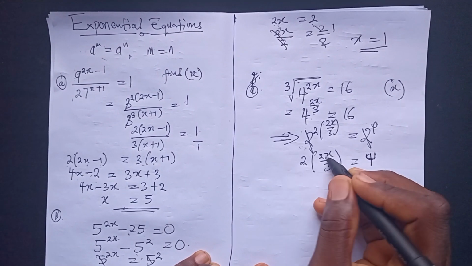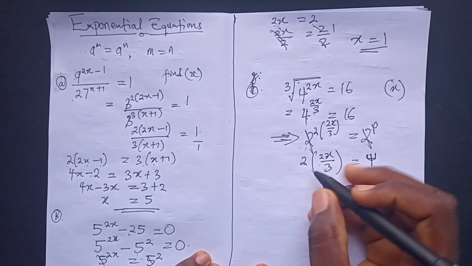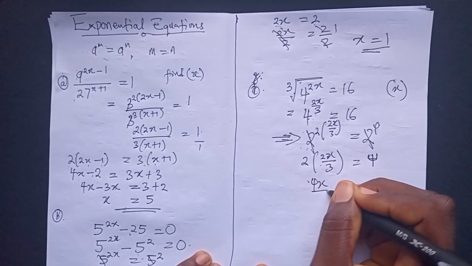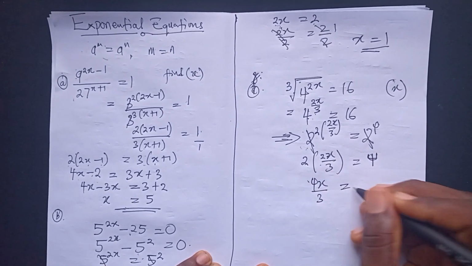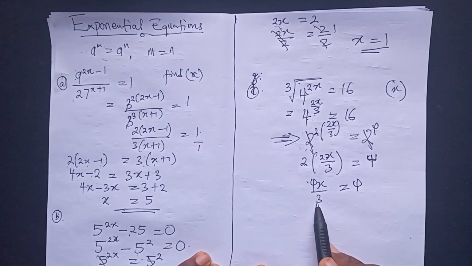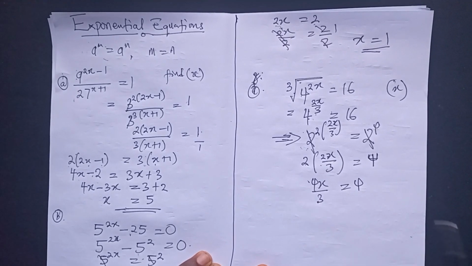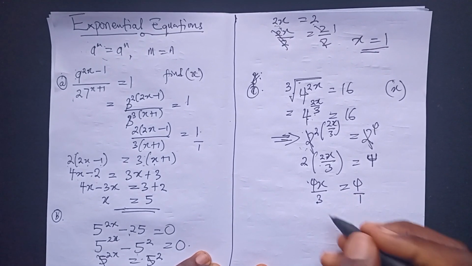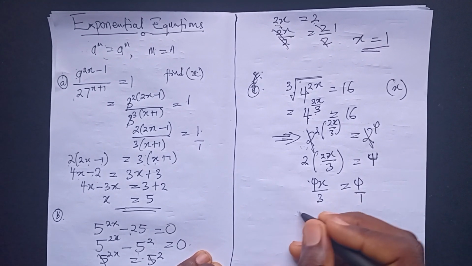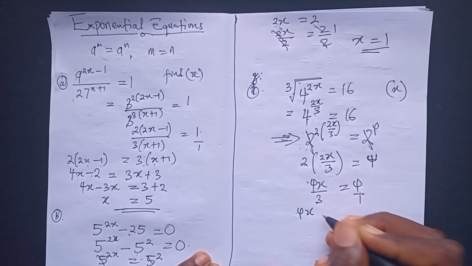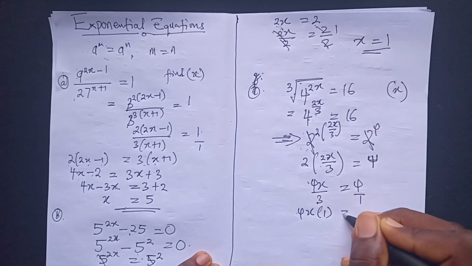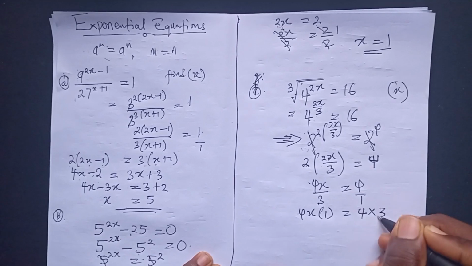So now 2 can multiply 2x. If you multiply this, 2 times 2x gives you 4x over 3 equal to 4. So if we cross multiply, we have 4x times 1 equal to 4 times 3.